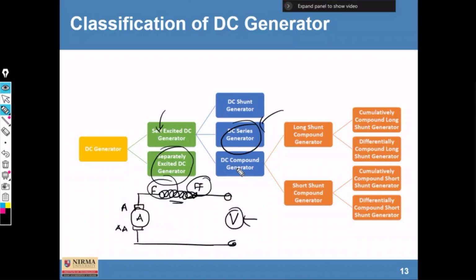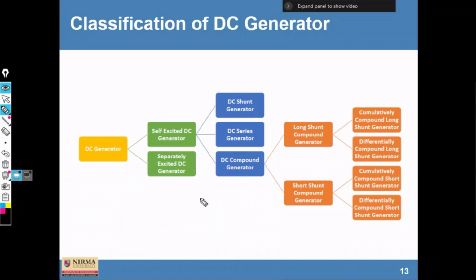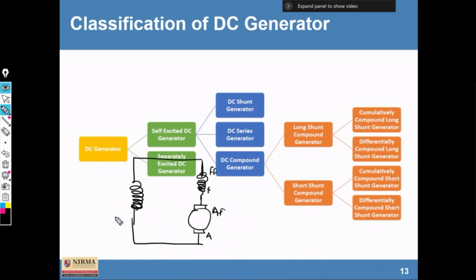Now, what is a compound generator? Compound generators are made up of both shunt and series windings. Clear? So here, if we have a diagram, this is F F, this is A A. Both the windings are connected in series, and one more shunt field winding is connected here, F dash F double dash.